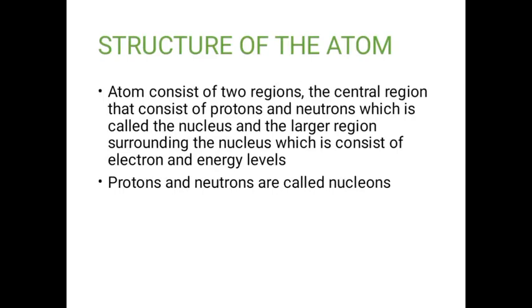Now, an atom consists of two regions. The central region that consists of protons and neutrons, and this region is called the nucleus, and a larger region surrounding the nucleus, which consists of electrons and energy levels.